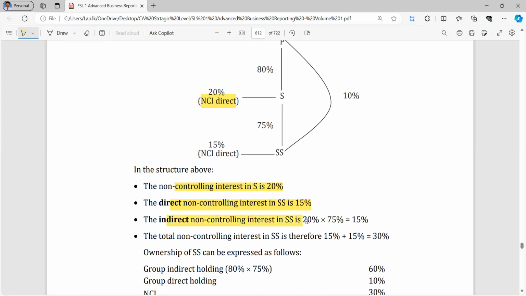The indirect non-controlling interest in SS is 20% into 75%, which is 15%. The non-controlling interest in SS is therefore 30%. How does the 30% come? Because the parent's effective holding is 80 into 75%, that is 60%, plus 10% direct holding. It means we have 70% holding and the remaining 30% goes to the NCI, right?